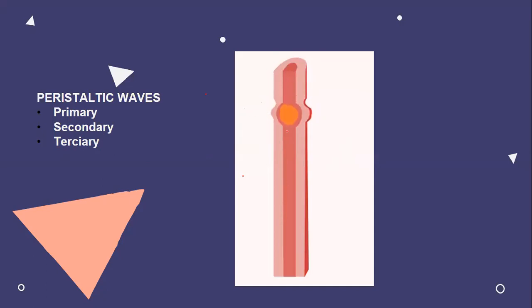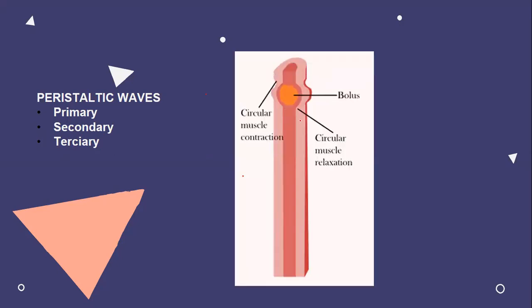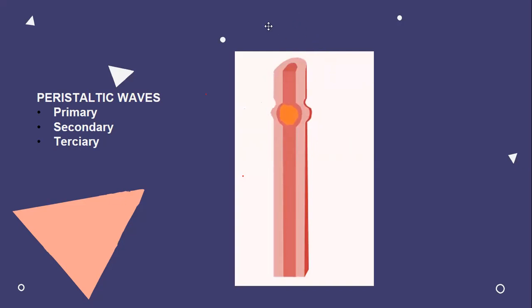Okay, when there is no food inside the esophagus, its muscular layers contract with no stimulation, no dilation from a piece of food, and no continuation of the deglutition reflex. Okay, that is a tertiary peristaltic wave.